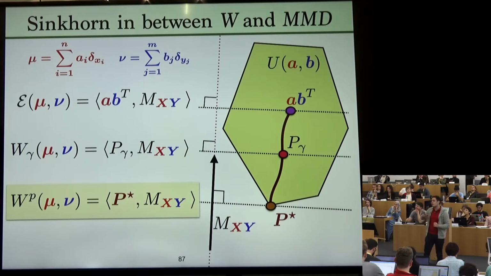And when you regularize maximally, when you put an infinite regularization, what you recover is just the product of the marginals. This is like this max entropy coupling that you can get. And interestingly, it turns out that the value of the transport at that product of marginals, the maximally entropic transport plan, is exactly what people call the energy distance or the maximum mean discrepancy that Arthur Gretton will be presenting in a couple of days, or maybe tomorrow, I think.